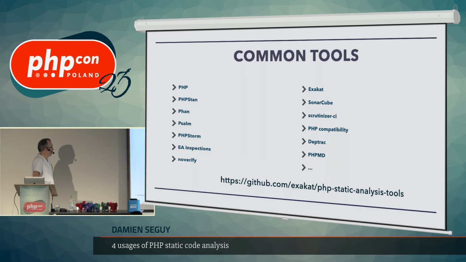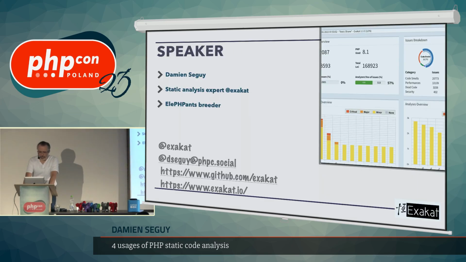If you want more of them, because I have just two columns of 10 elements, then you can check. I have like 100 of them listed in the repository that is there. So you will find way more than you expect. Don't use them all at the same time. That's too much. So as I said, the experience I have is drawing from what I'm doing on a regular basis.